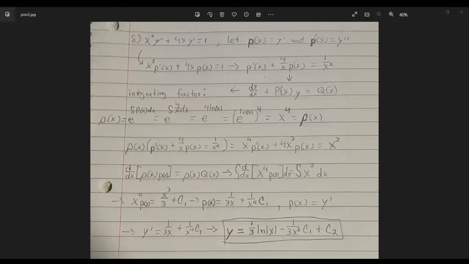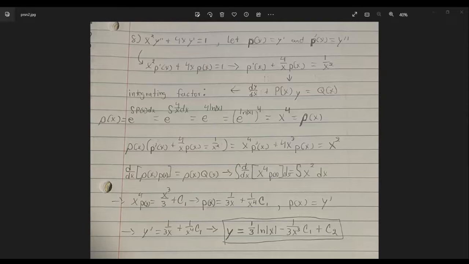So I have to find the integrating factor, which is e to the power of the integral of 4 over x dx, which resulted in x squared.